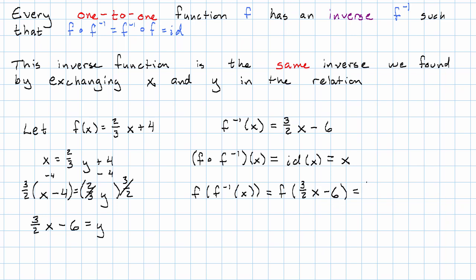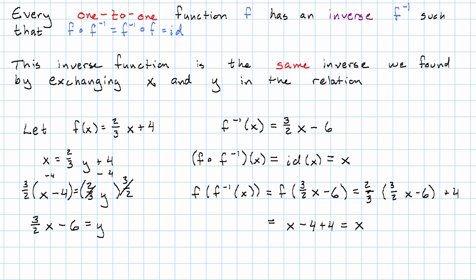So that'll be 2/3 times 3/2 x minus 6 plus 4, because that's what f does. All right, we distribute, and we get 2/3 times 3/2 is just 1, so we have x. 2/3 times 6 is 4, so we have x minus 4 plus 4. Minus 4 plus 4 cancels out. We're just left with x.